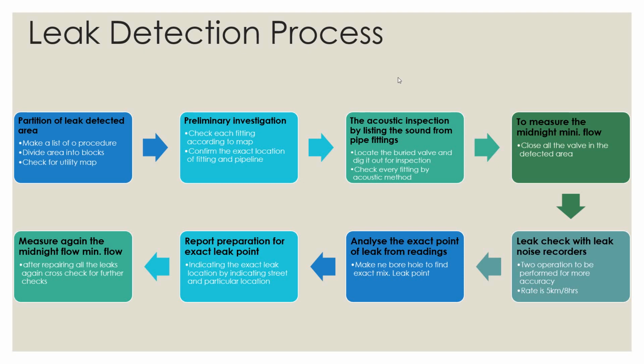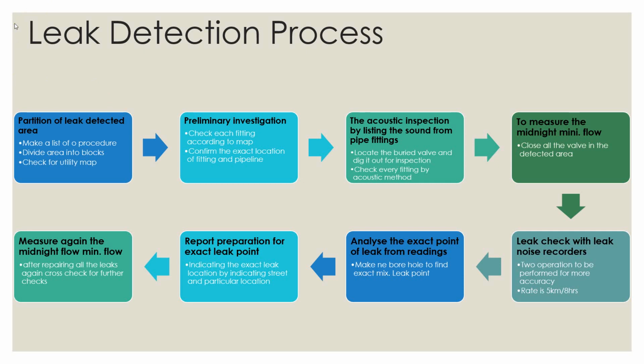So let's see how this leak detection process works and what the different contents involved in it are. First is partition of the leak detected area. Let's take an example. We are sitting in Pandharpur, and one area of Pandharpur is having a problem: the consumers are giving feedback that they are not getting water with sufficient pressure.